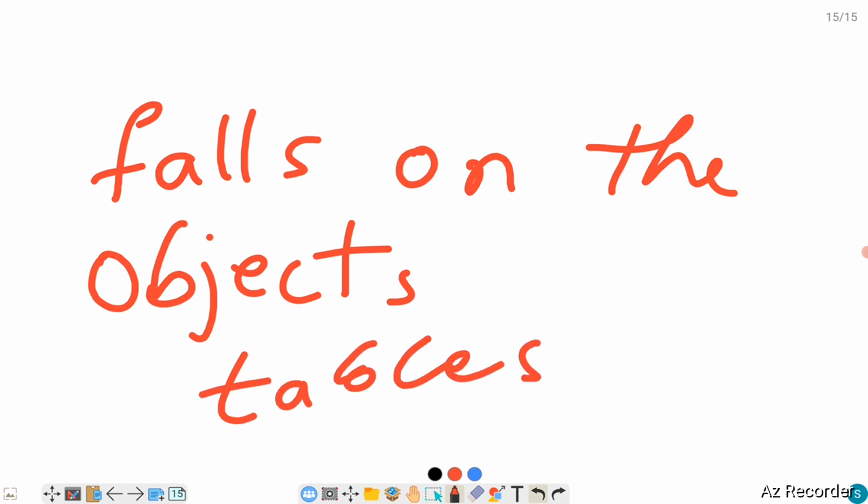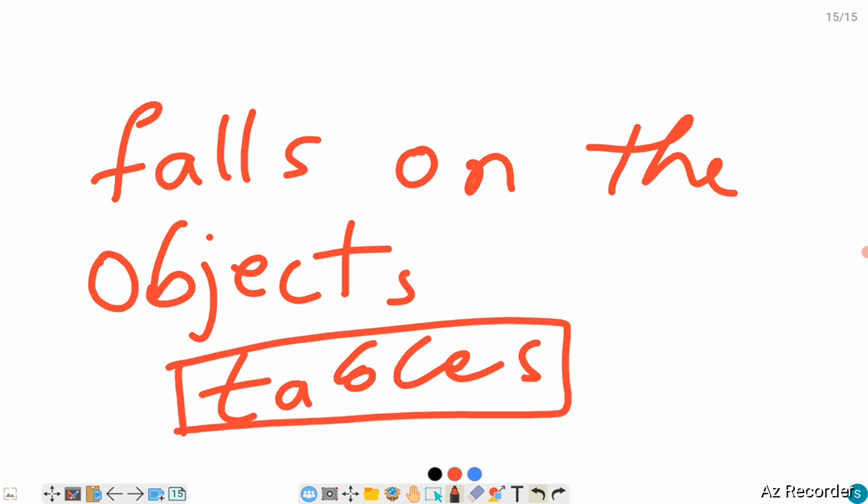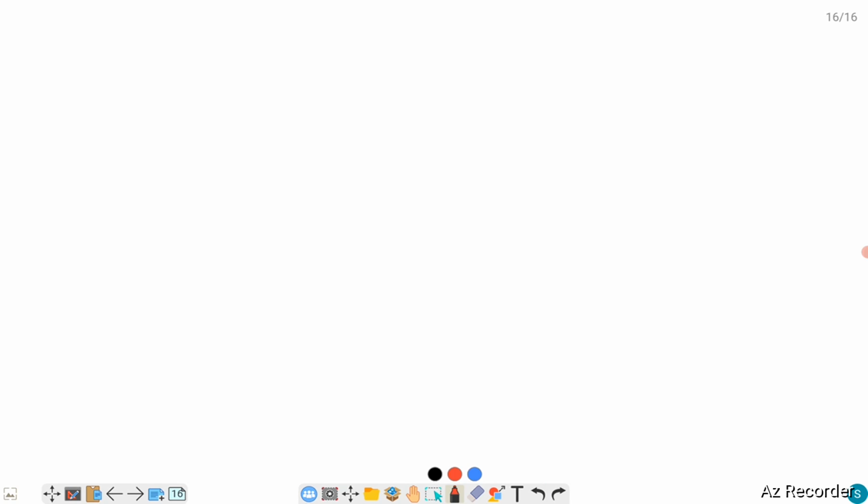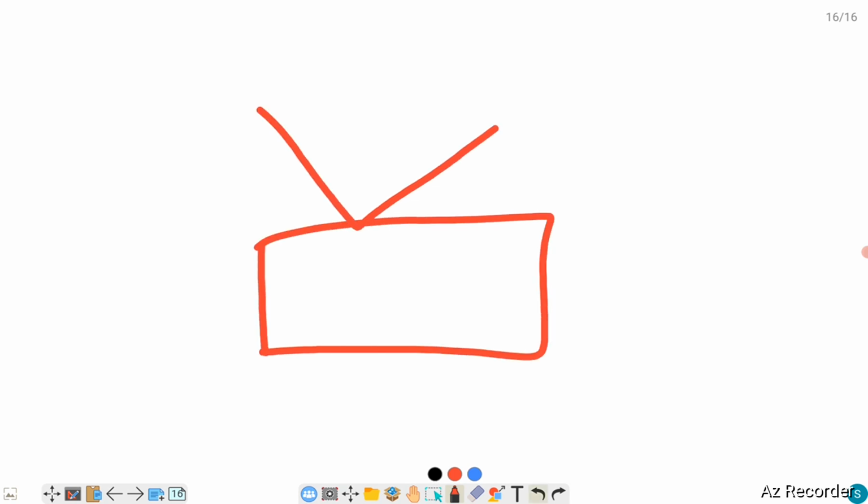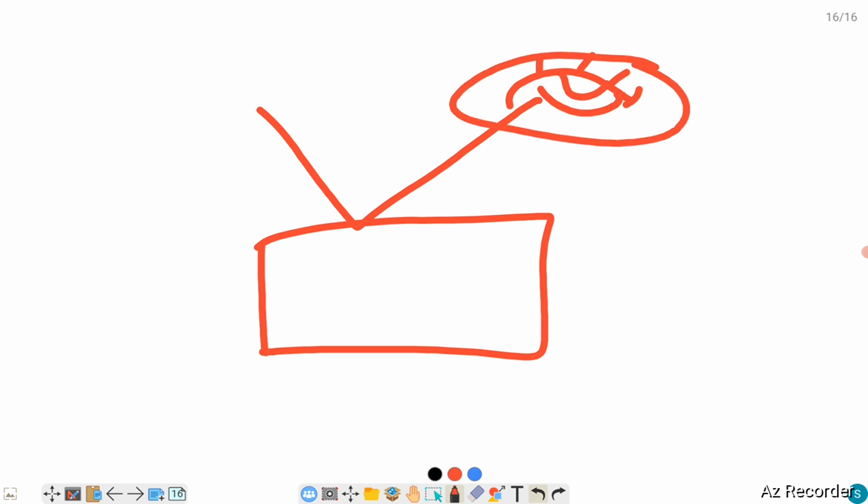Now, if you are taking example as table, if you are able to see this table, that means when the light is falling on the table, it reflects back and reaching your eye. Then only you will be able to see the things. If the light is not reaching your eye, you will be not able to see this particular object.